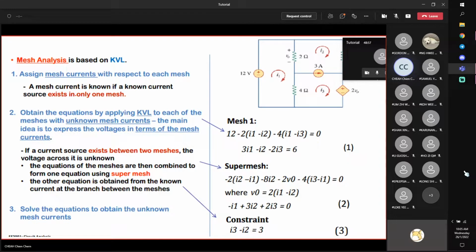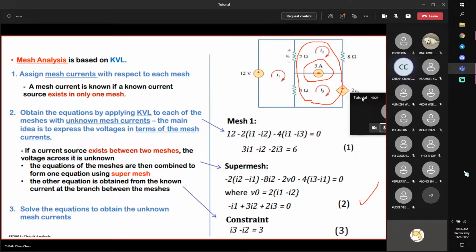But when we try to go to mesh 2, we know that there's unknown voltage here, which cannot be expressed in terms of mesh current. So we proceed to avoid this by a super mesh. So this is equation 2. After that, we obtain the constraint equation by using this branch current. Even though the voltage is not known, the current is known. So this is one good thing, the current is known.